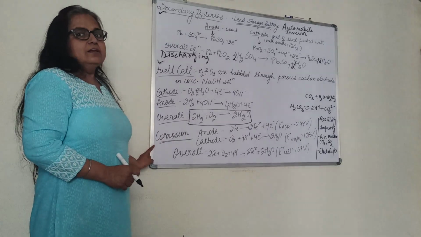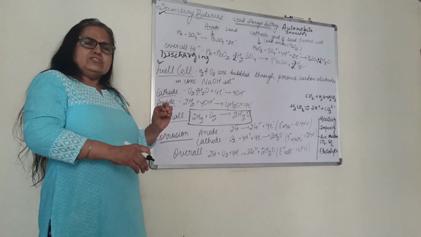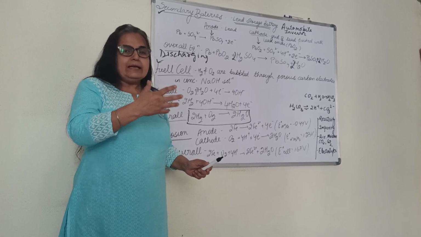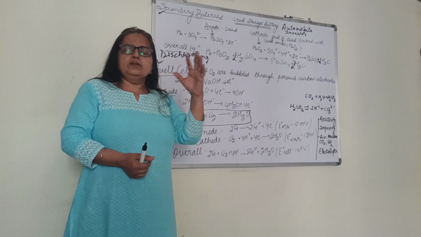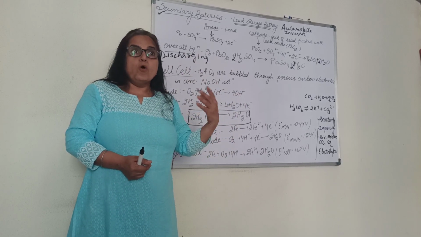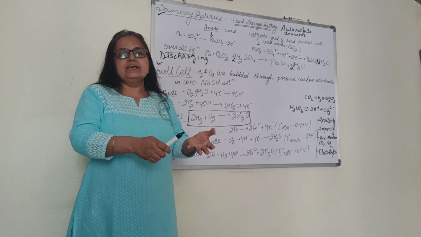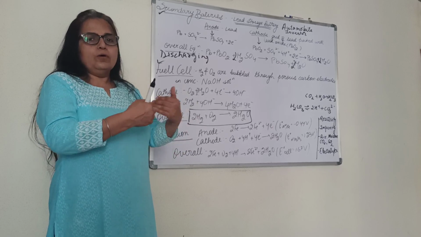Another topic, the last topic of electrochemistry, is corrosion. When I talk about corrosion, what comes to your mind is the eating away of the metal in the presence of atmospheric gases, moisture, maybe even carbon dioxide and sulfur dioxide. These gases cause corrosion along with moisture and oxygen.